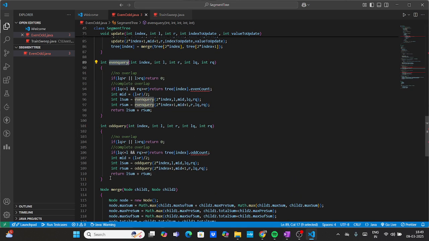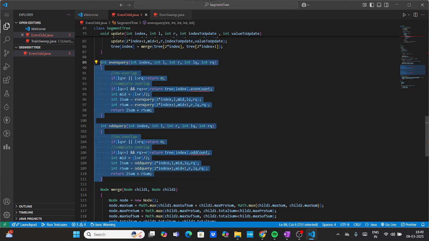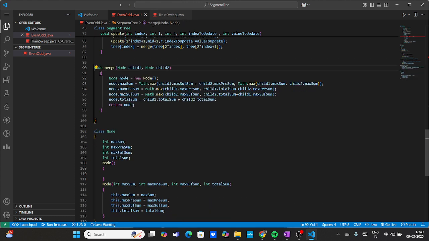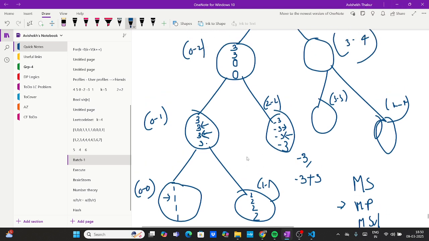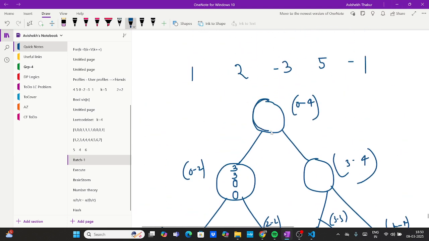Okay. So do we need a query for this case? What do you say? No, not required because the root node will store the answer every time. So Sam, did you understand? No, man. See, can I say the root node will always store the maximum sum from 0 to 4? Yes. So we can directly get it from here only, no?